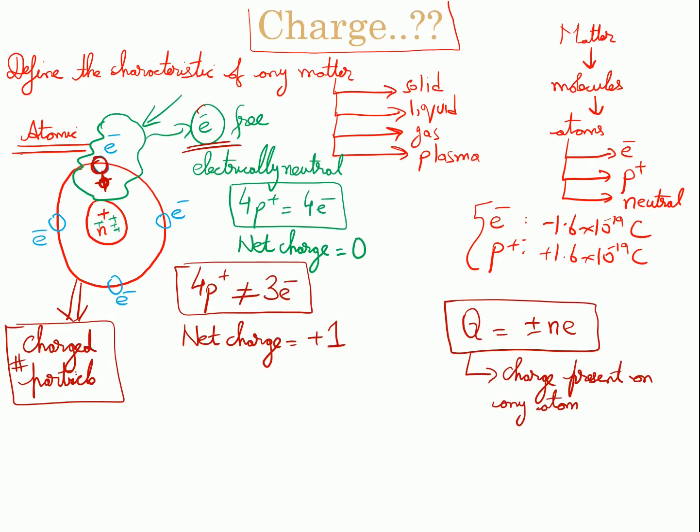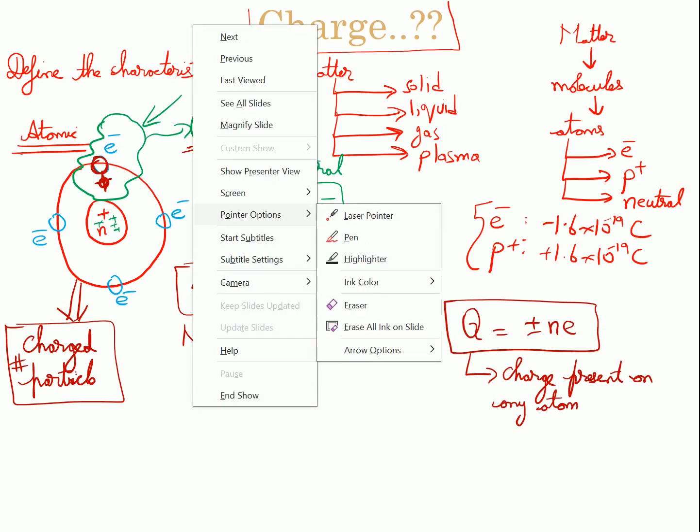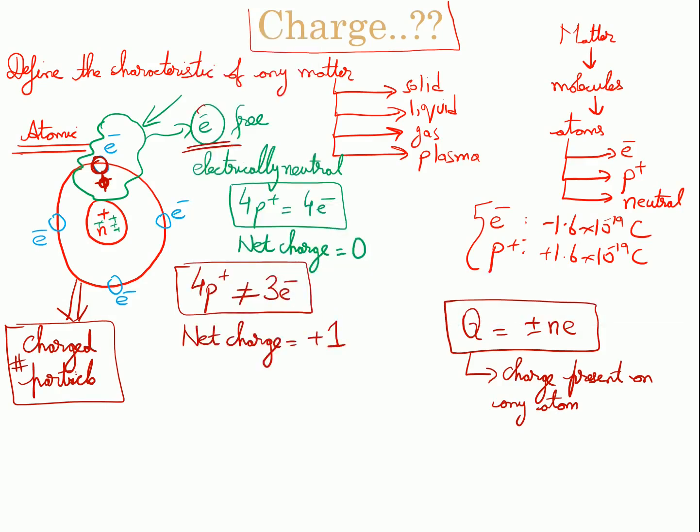Another piece of information we get from this mathematical expression is that these charges are conserved, they are quantized, meaning it can be either a positive or a negative charge.